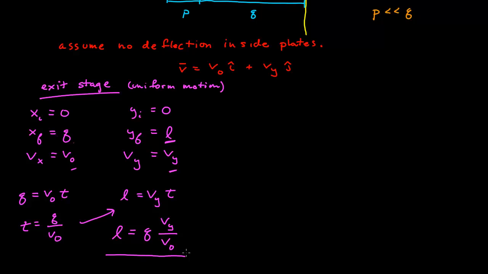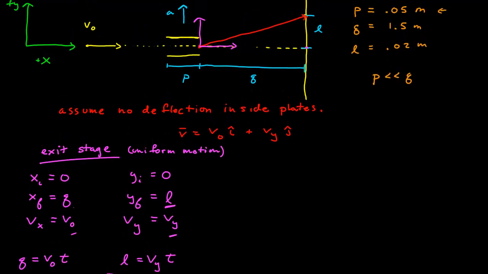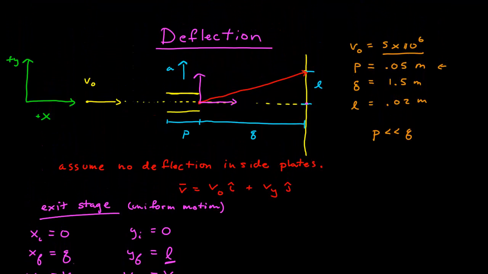And so this is particularly easy. Now I have an expression for my deflection in terms of the velocity that I give it inside the deflection region. Before I go on, I want to show you another way to do this. So if I go up here and look at this, I said that once it exits here, it has a velocity along this orange line and a deflection.